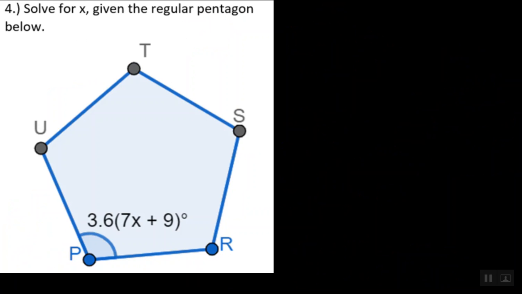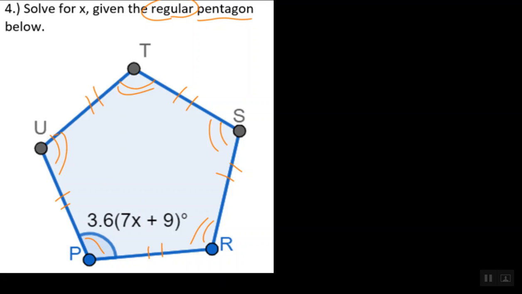Okay, here we are in example 4, and it says solve for x given the regular pentagon below. And just recall that regular means that all 5 sides of the pentagon are going to be congruent. And not only that, but all 5 angles of a pentagon must also be congruent.